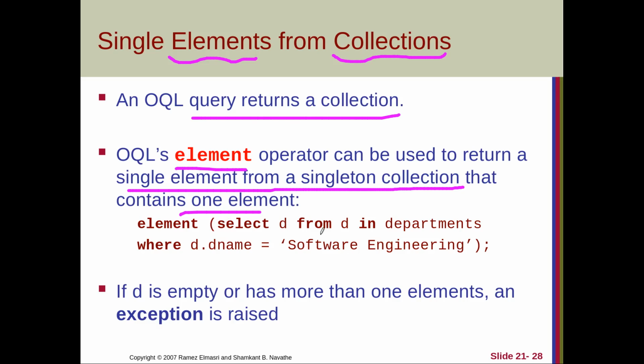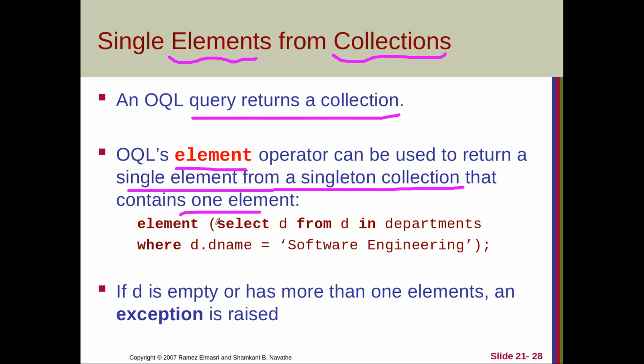Select D from D in departments. Now it is directly written; in the previous example it was written in the next line, but here: select D from D in departments where D.d_name is equal to software engineering. So select the department with software engineering, and that element can be directly selected. It returns that particular element.